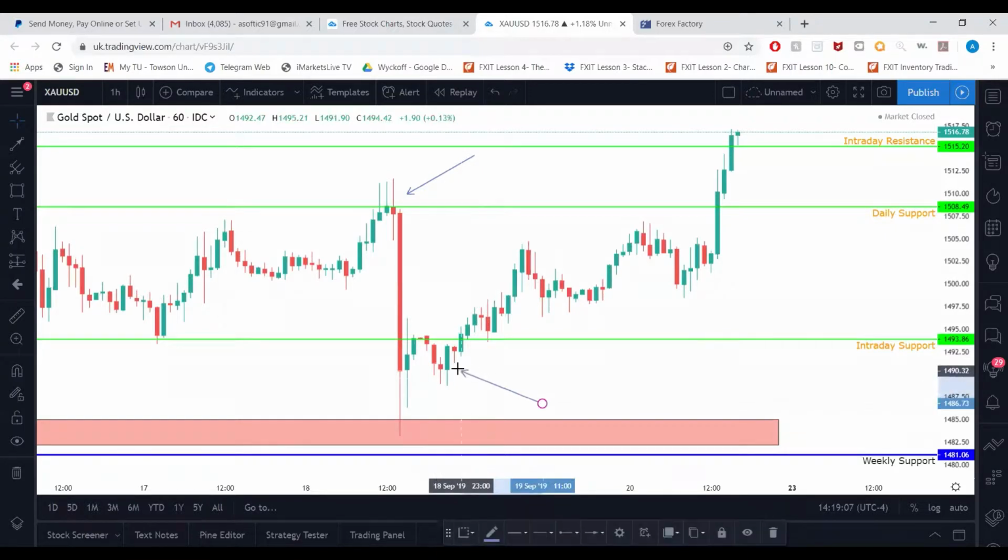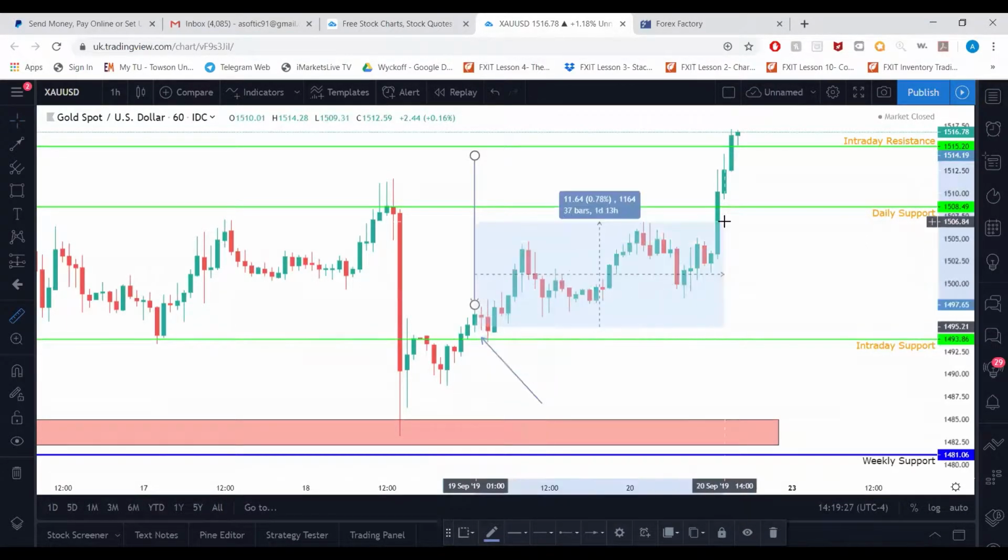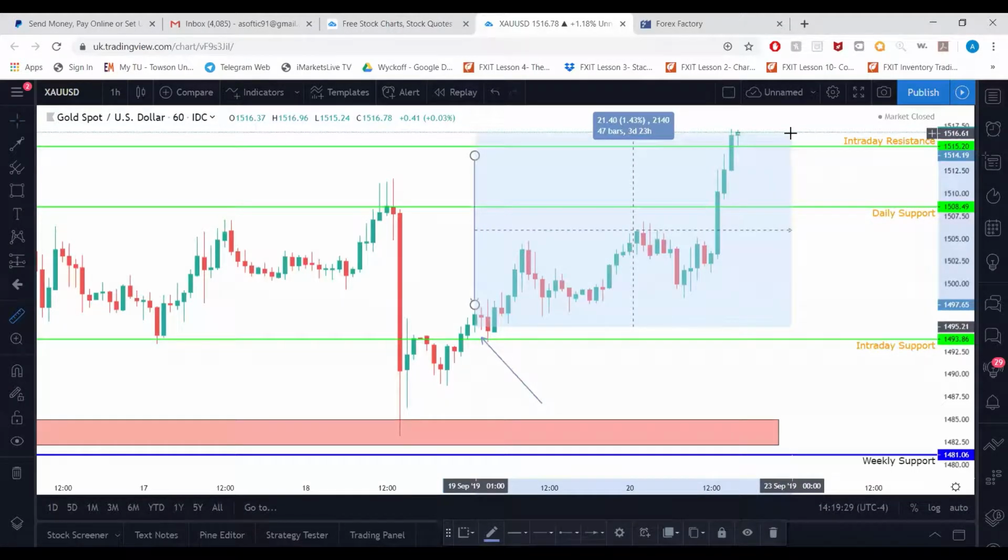So most people will buy right here. If you are more conservative, you will wait for the breakout here, which is this candle, and then you would enter on the one right here, right? Let's point it out. You will enter on this candle. And if you would have done that, let's say you enter here, you will be in drawdown maybe, what was that, 15, 16 pips, but you will be running 215 pips right now.